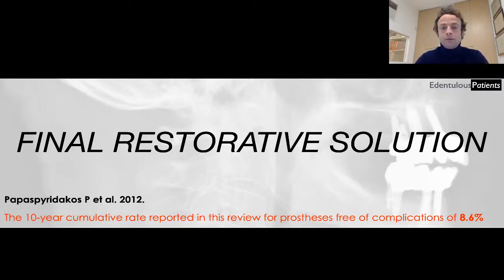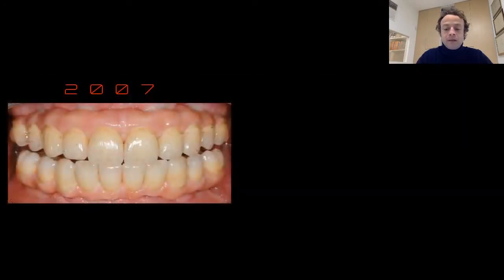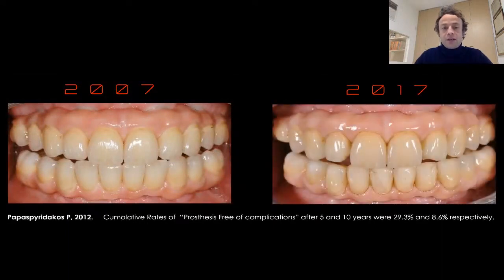So our restorations can fail easily if we don't manage the occlusion correctly and, of course, the selection of the restorative material, but in particular if we don't manage the strategy correctly. And this is the first case that I showed you in my first lecture, in the first slides.